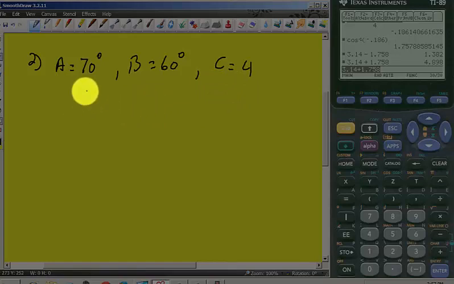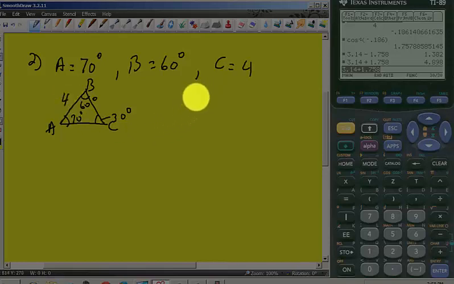So let's draw a random triangle, and call this angle A, angle B, angle C. We know this is 70 degrees, that is 60 degrees, so 70 plus 60 is 130, so that has to be 30 degrees, and we know this side is 4.